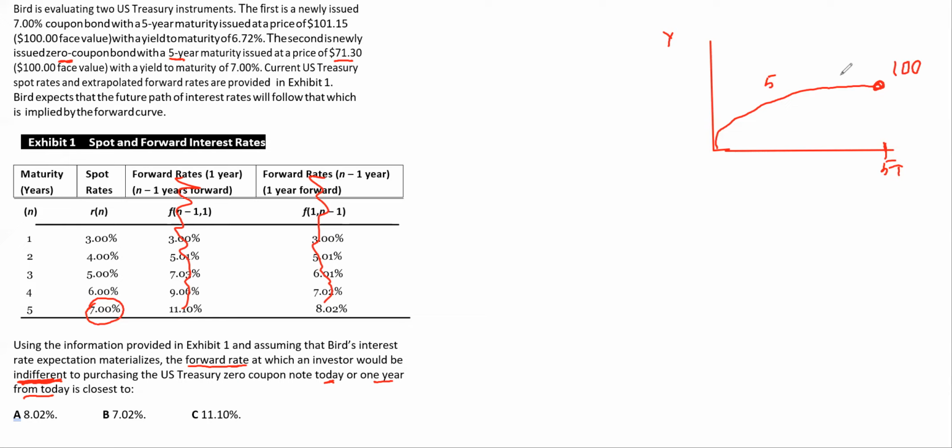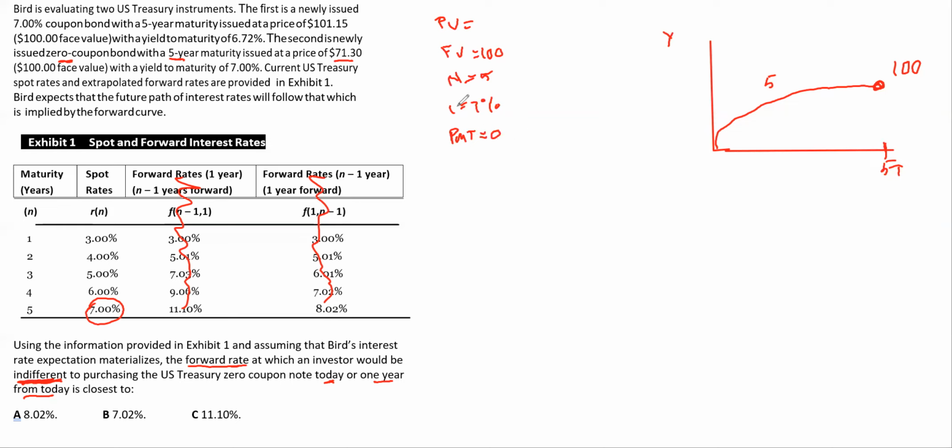You can certainly do the math with your calculator. PV is equal to a certain price, which we'll find out. FV is equal to 100, N is equal to 5, I is equal to 7%, and PMT, remember this is a zero coupon bond, is 0.